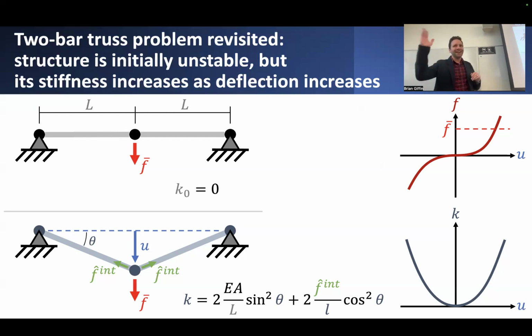But now, suppose that we took this assembly, applied this force, and let this assembly start to deflect. Initially, it will have 0 transverse stiffness. Our initial analysis using linear structural analysis techniques was correct in that regard.